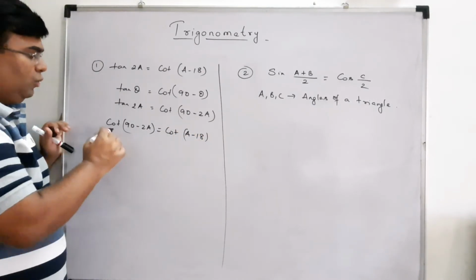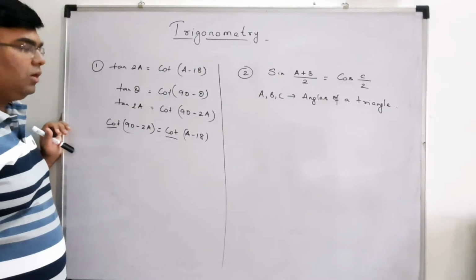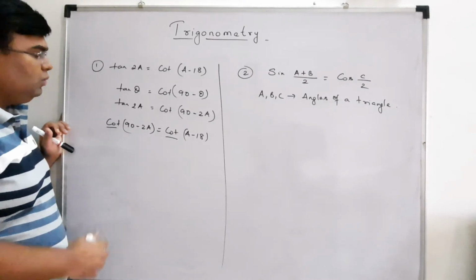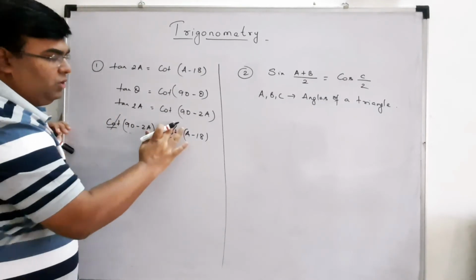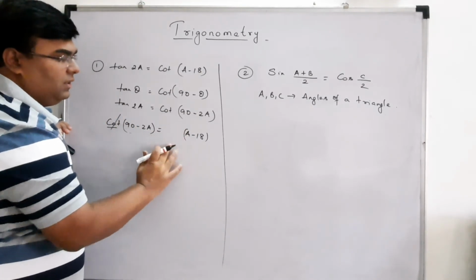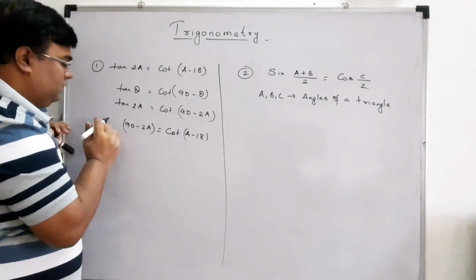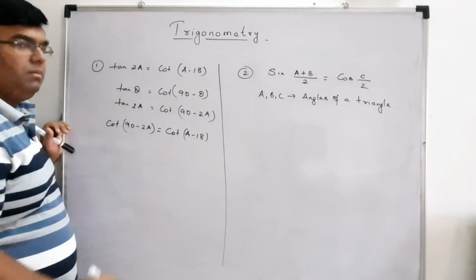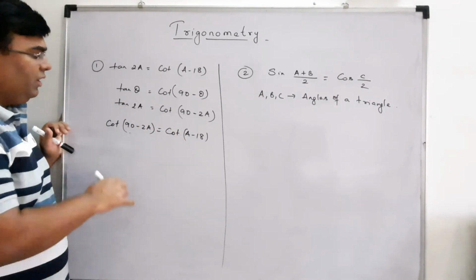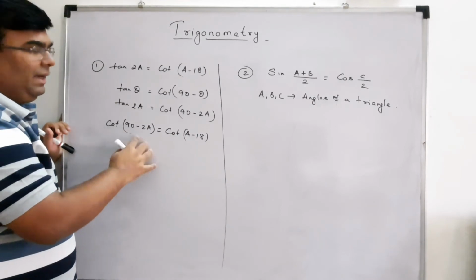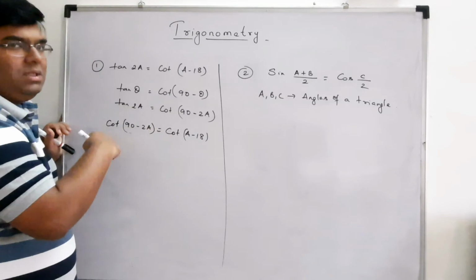On both sides cot is there, so we can just remove the cot. Some students do this cutting thing. This is not right. We should not cut this, because this is not multiplication, it is a function. Here we are not multiplying cot by 90 minus 2a or cot by a minus 18. So we should not use this cutting.